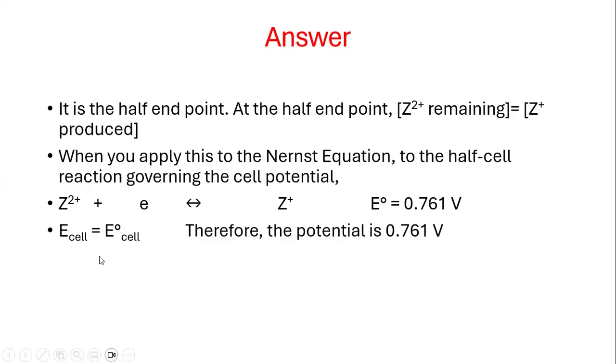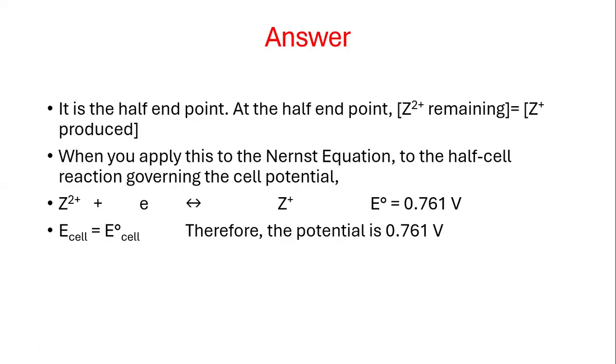So the titration is set with A. So you have in the flask Z. So the half reaction potential is this. So the potential is 7.6. So how do we expect to write that? It is the half endpoint you have to write. At the half endpoint, E cell is equal to E naught cell.